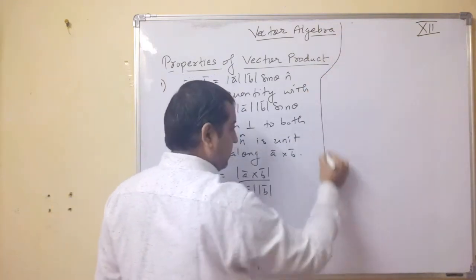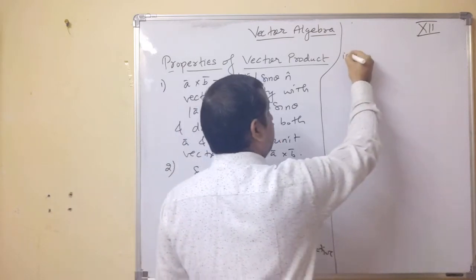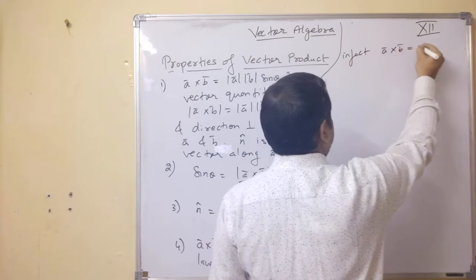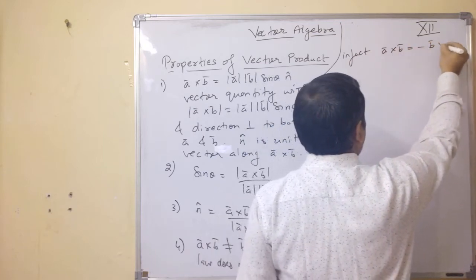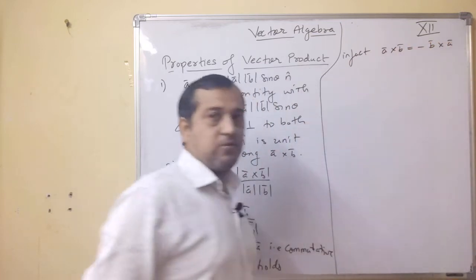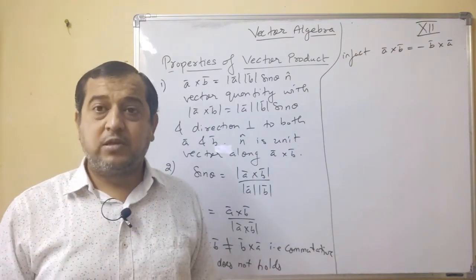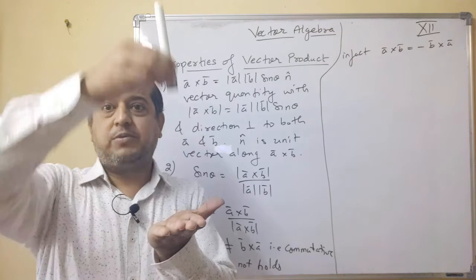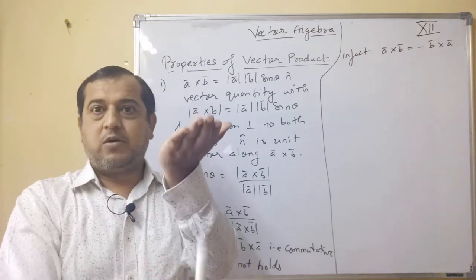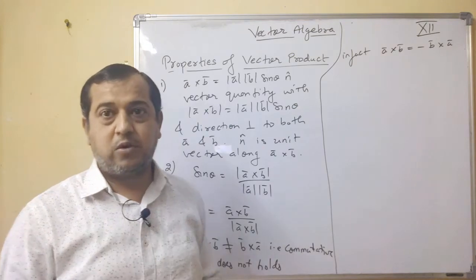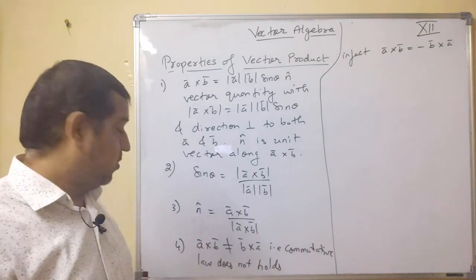In fact, we have this vector A cross B, this is equal to minus of B cross A. Means vector A cross B and vector B cross A, these are opposite to each other. जैसे मैंने आपको बताया था कि वेक्टर A क्रॉस B इस डायरेक्शन में चलेगा और वेक्टर B क्रॉस A इस डायरेक्शन में आ रहा था. So they are opposite to each other.